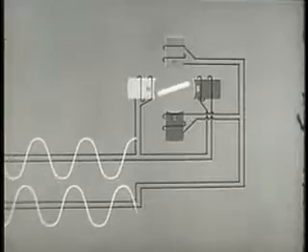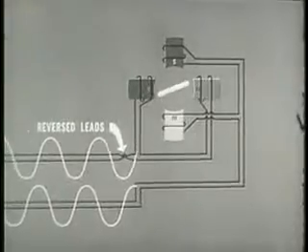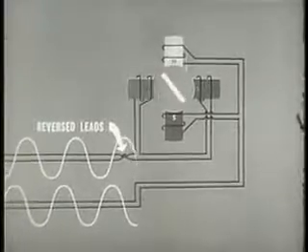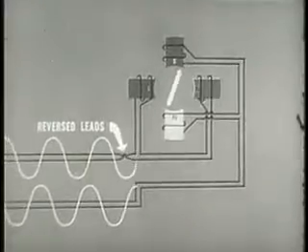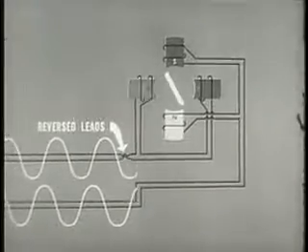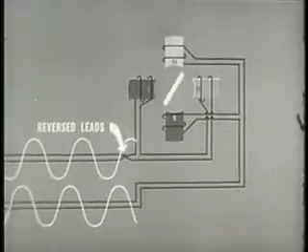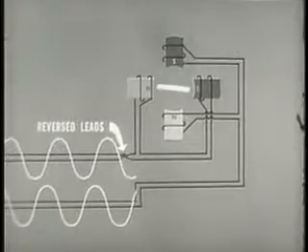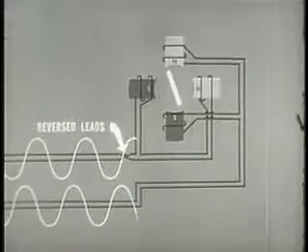This rapid change of direction is accomplished simply by reversing the polarity of only one set of poles in the motor. The polarity of the second set of poles will remain unreversed. The field will now rotate in the opposite direction, with the rotor following at a slightly slower speed.